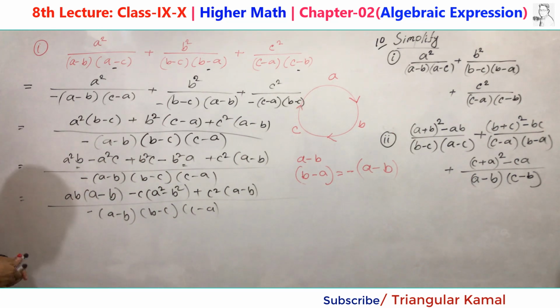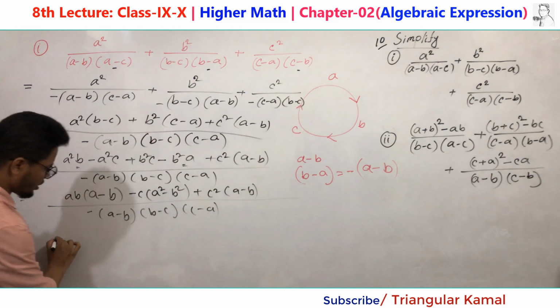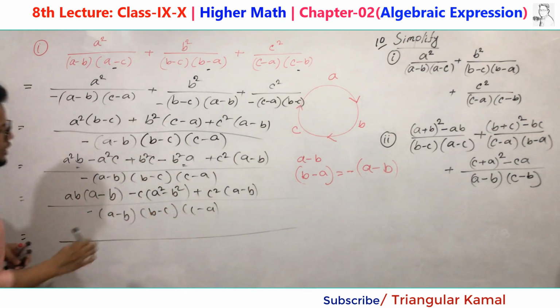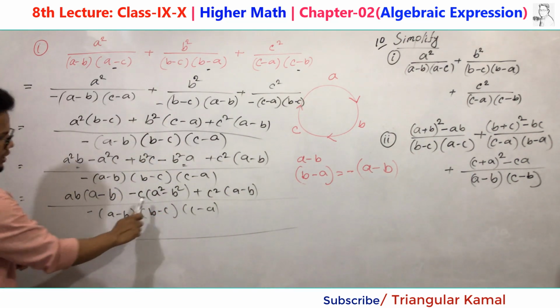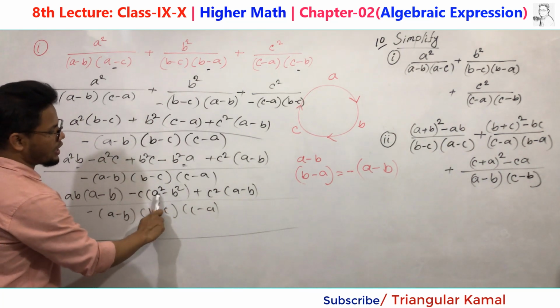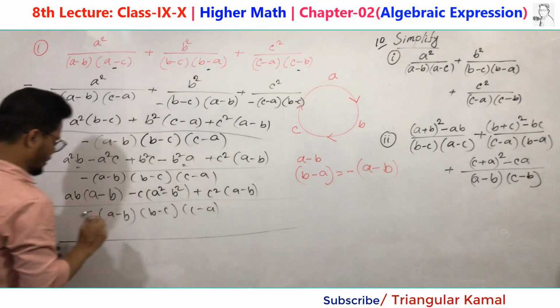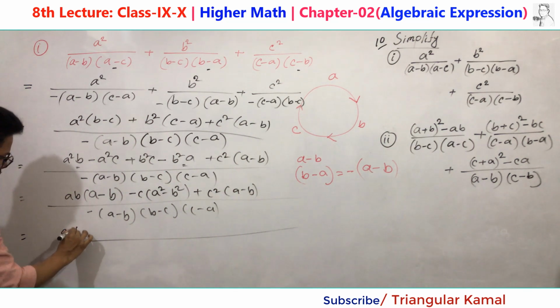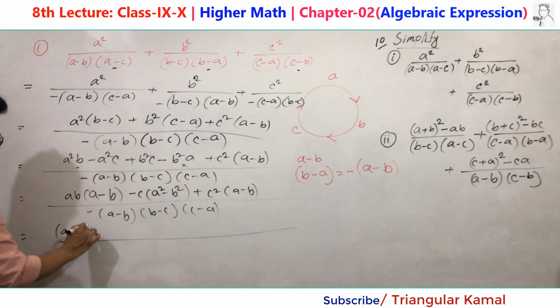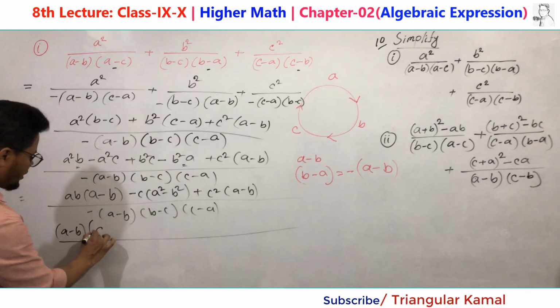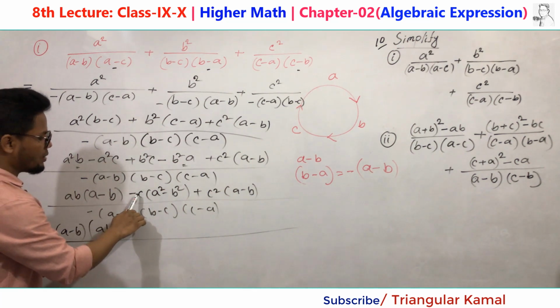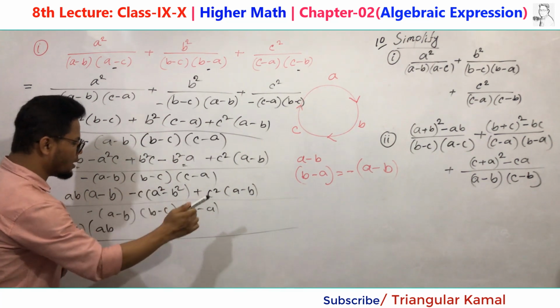Now do the simple calculation here. In the numerator part, what we see here: a minus b, there is also a minus b in a plus b, there is also a minus b. So take common a minus b. The remaining part here is ab, and here the remaining part is c multiplied with a plus b.